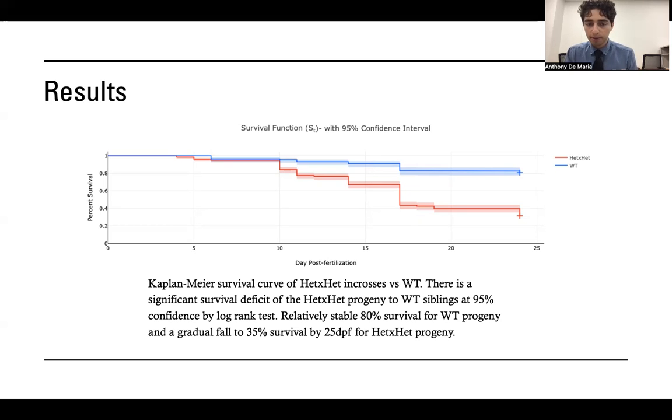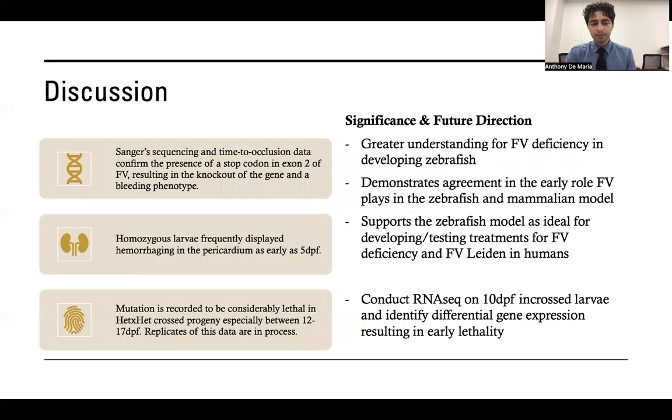And here is a Kaplan-Meier survival curve, which shows that there's a significant survival deficit of the heterozygous crossed progeny with a 95% confidence. You'll see that the blue line, which is the wild type, stays at a relatively stable survival rate of 80%, while the heterozygous crossed go down to around 35% survival at day 24.